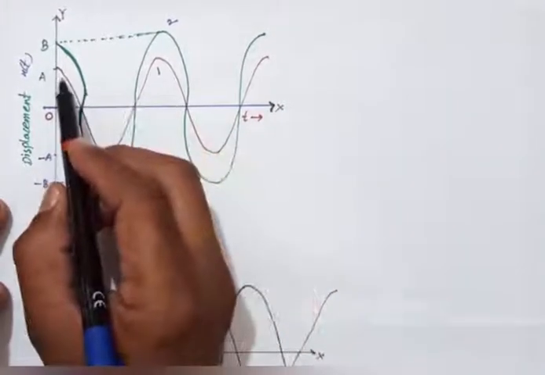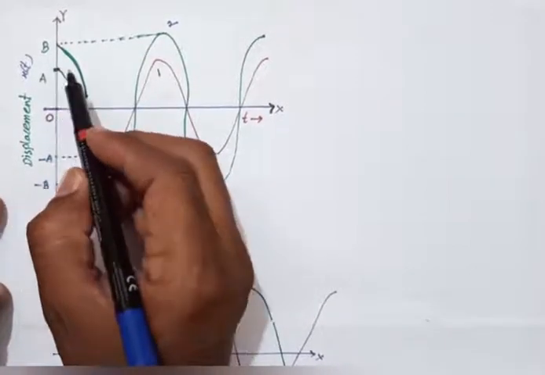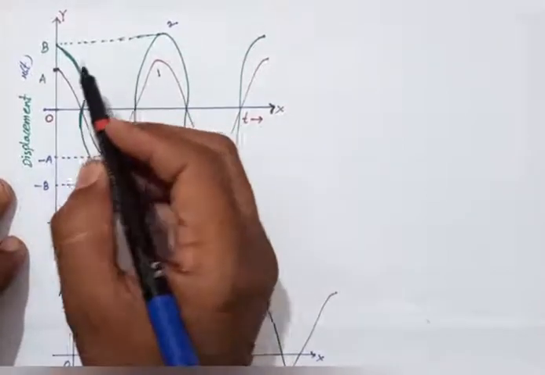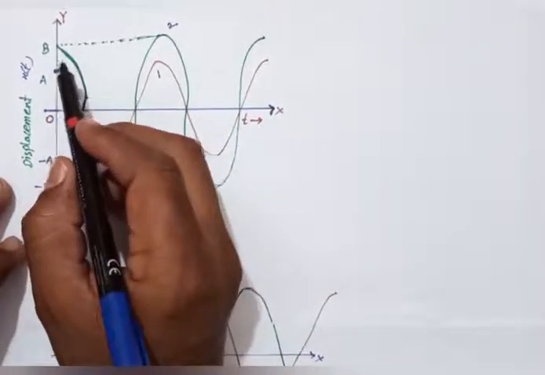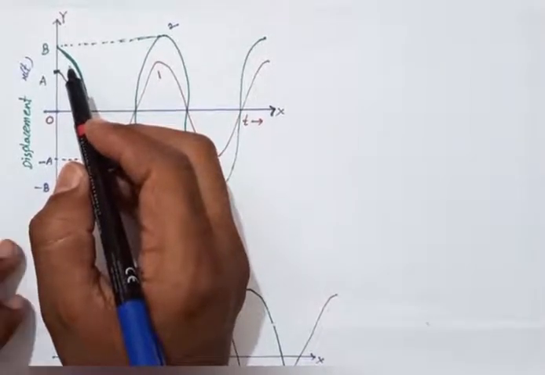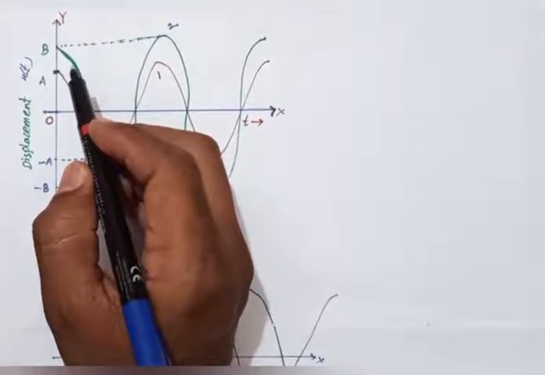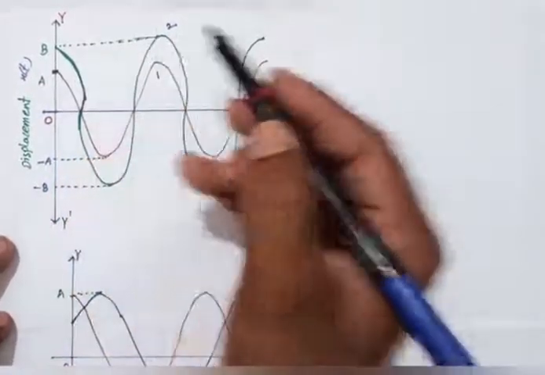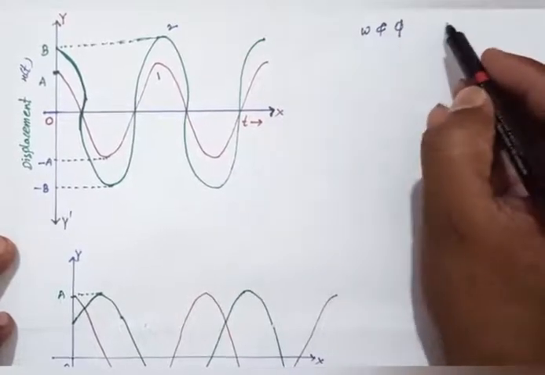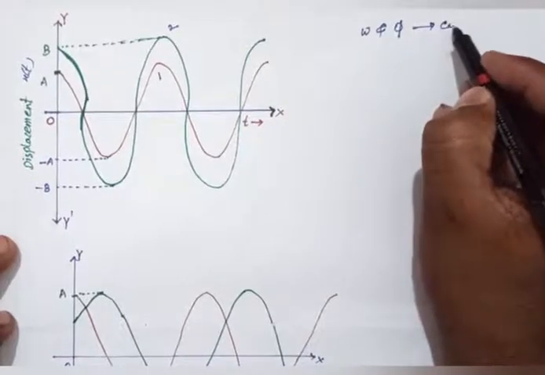First of all, the amplitudes are different, but omega, the angular frequency, and the phase constant are constants.